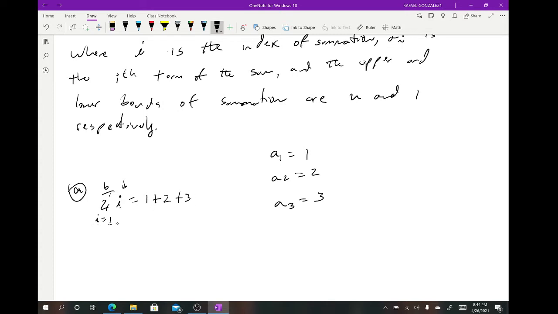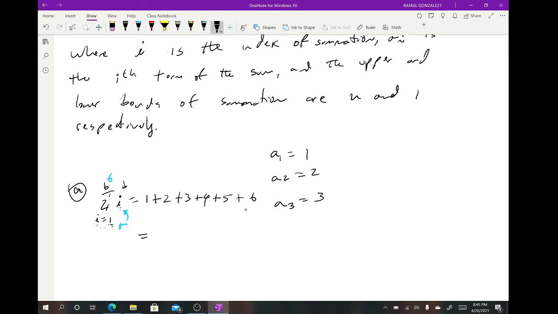What is the fourth term when i is equal to 4? It's just 4. What is the fifth term? When i is equal to 5, we just get 5. And when i is equal to 6, we get 6. That is because we simply have i to the first power. So we're simply substituting the values from 1 all the way to 6. We're stopping at 6, and plugging in where we see an i.